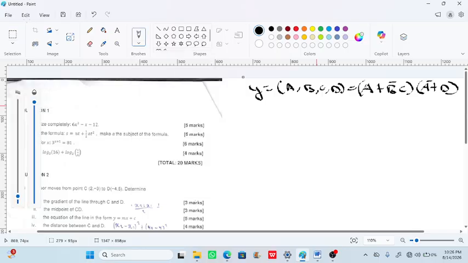So with this one here, we use De Morgan's theorem. So we have a plus b prime, or not b, c, you close the parenthesis there. Open another parenthesis, a prime, or not a, plus d.